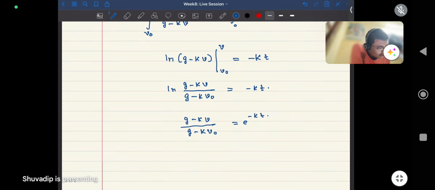Now if you do some simplification here, you will again get some kind of exponential decay of the velocity, but there will be a scenario when the force due to gravity and the viscous drag will be exactly equal.